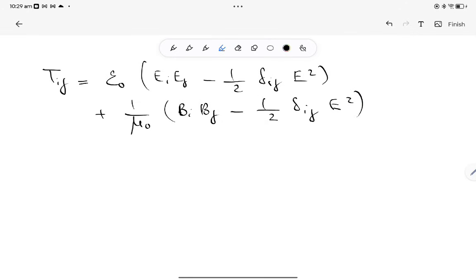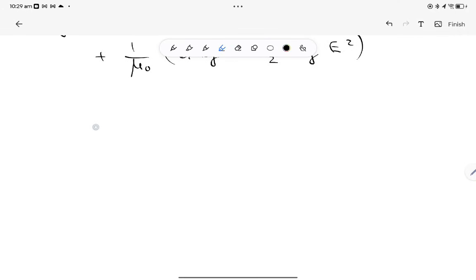Now a few points about this. Number one, Tij is a second order tensor. That means its elements are Txx, then Txy, Txz.